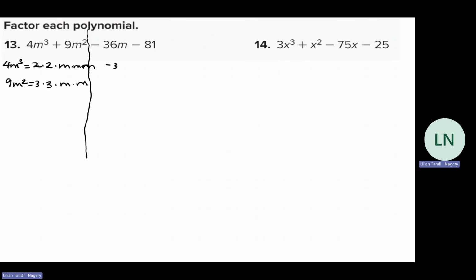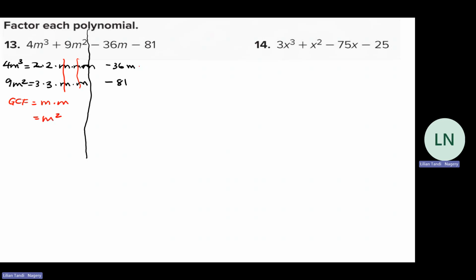Then here we have 36m and you have negative 81. Okay, no 2s, no 3s, but I have m's. So GCF is m times m, which is m squared.